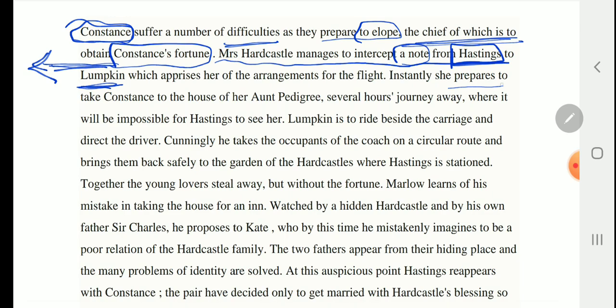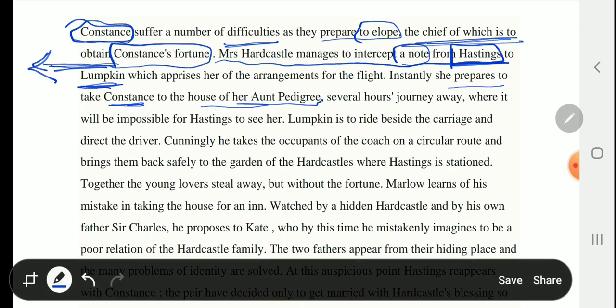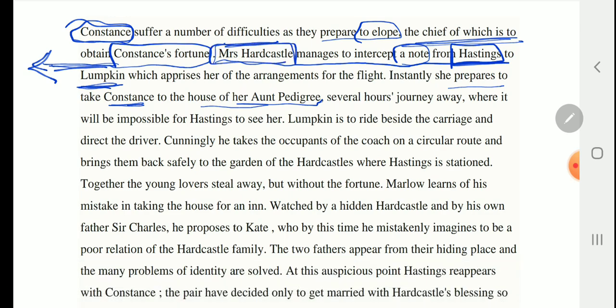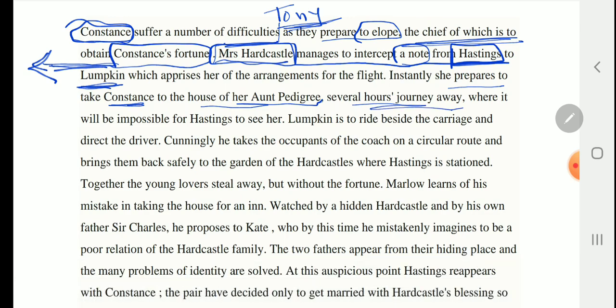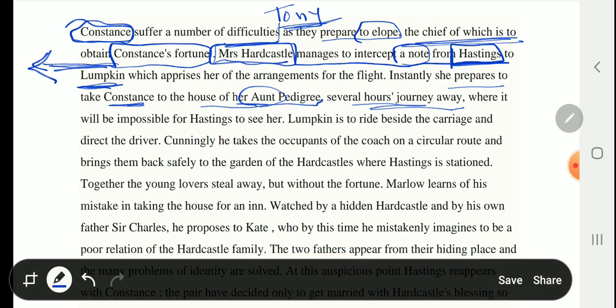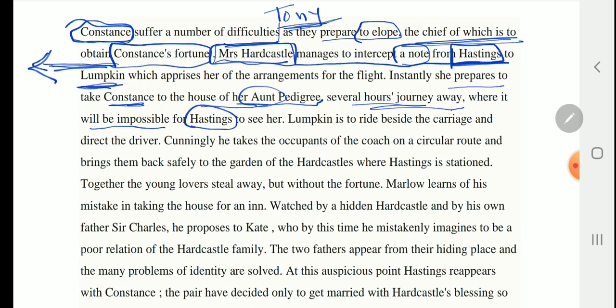So she prepares to take Constance to the house of her aunt. She wants to keep her secure because for one reason: Mrs. Hardcastle wants her to marry her son Tony so that she can control her jewelry and her fortune. So several hours' journey away is the place where Aunt Pedigree is, where it will be impossible for Hastings to see her.